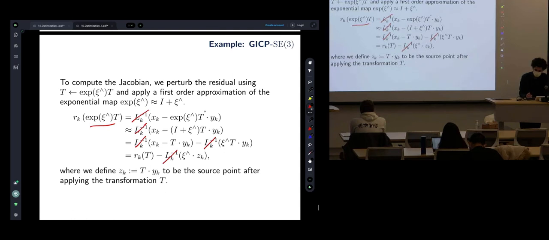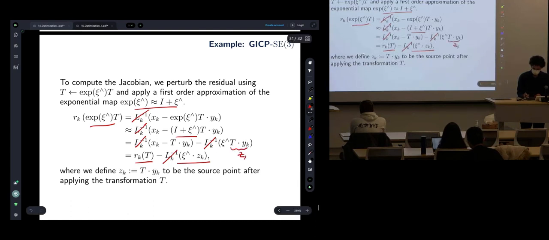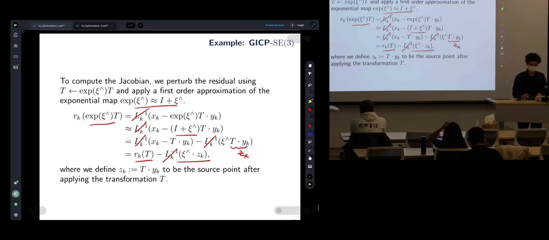So perturb the pose and apply a first order approximation of the exponential map. When you do that, you can separate the residual plus this extra term. This extra term, where I define T times y to be just another point z, is showing the Jacobian.